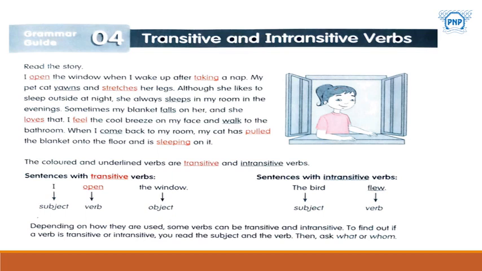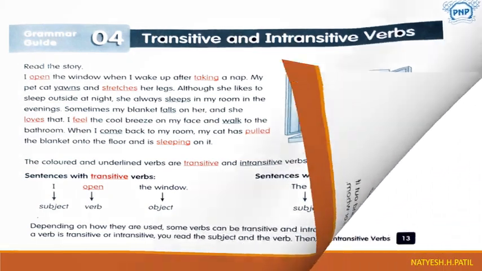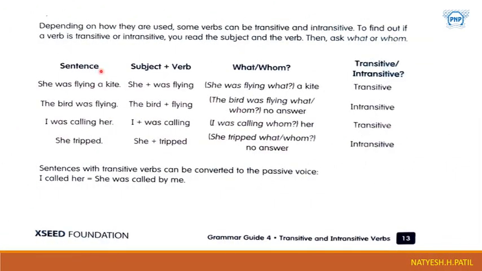Let's start. To find out if a verb is transitive or intransitive, let's read the subject and verb. Then we have to ask what or whom.